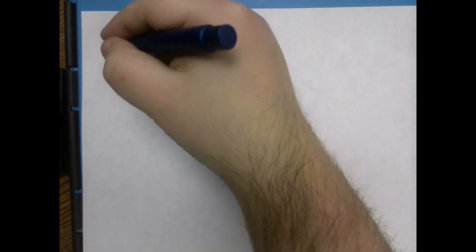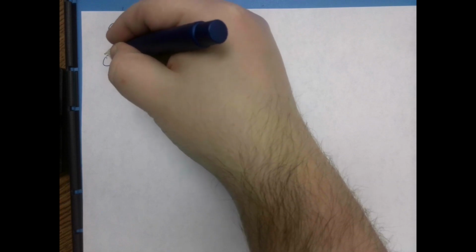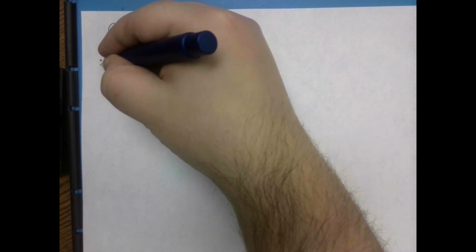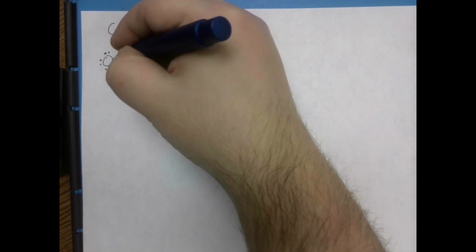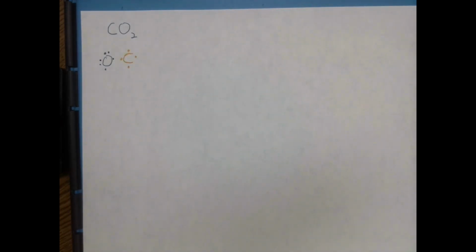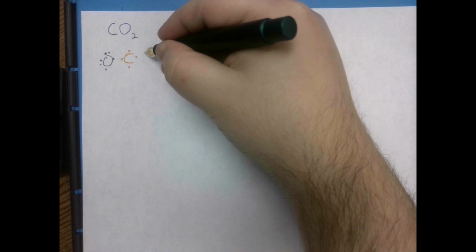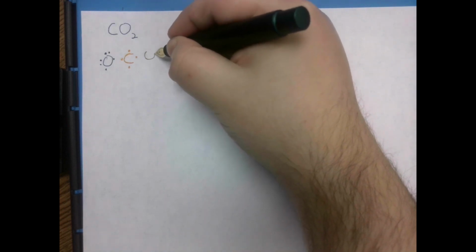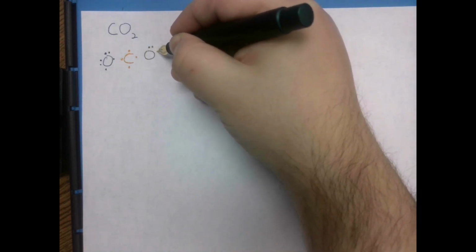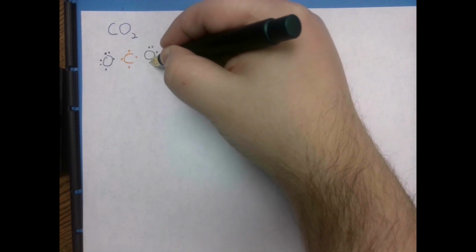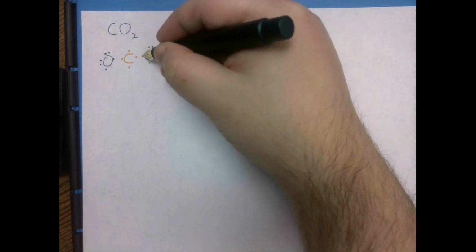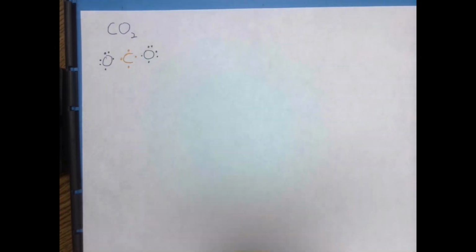We have oxygen with its 6 valence electrons. And we have another oxygen. And I'll go more later when we get to it in depth about how you set this up.